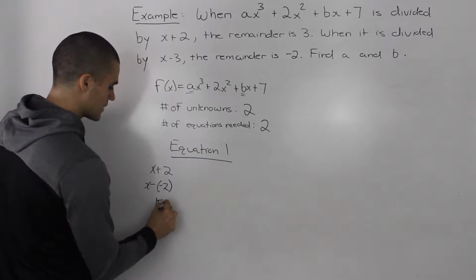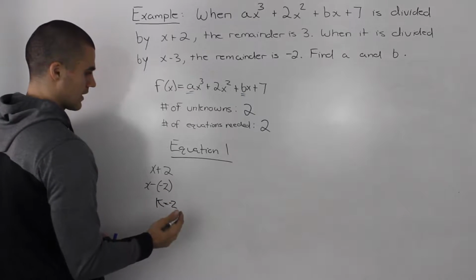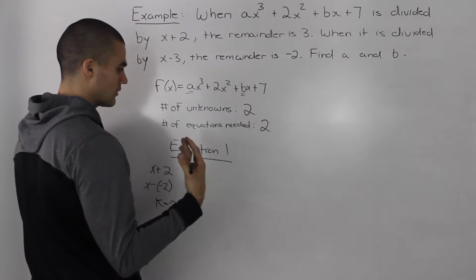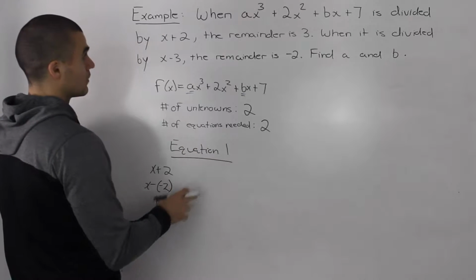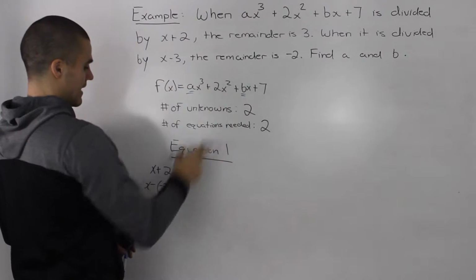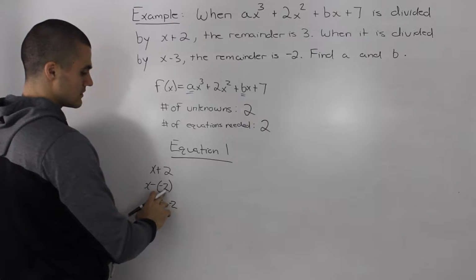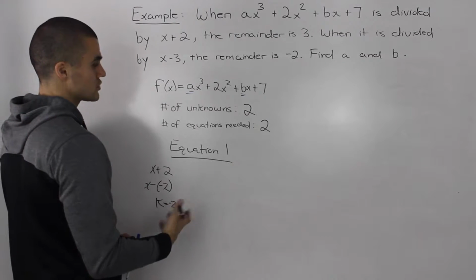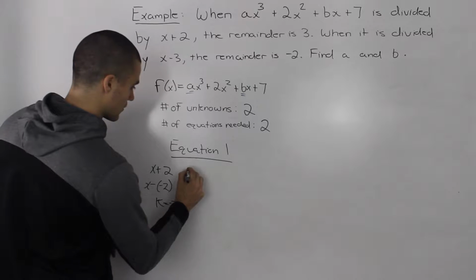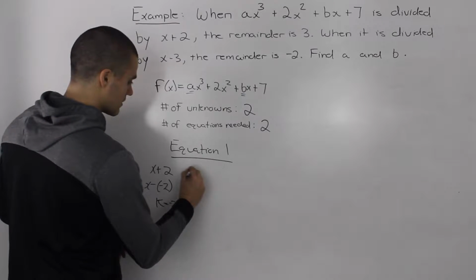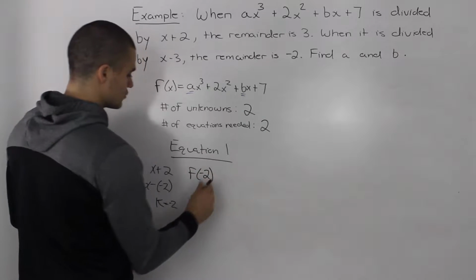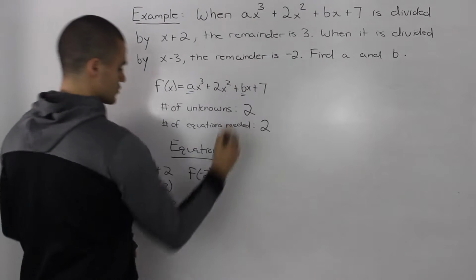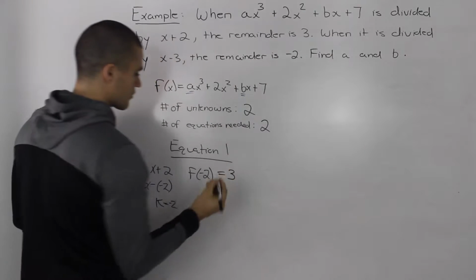So our k value is negative 2. And if you remember, the remainder theorem states that when you're dividing by an x minus k divisor, the remainder is just f of k. So in our case, f of negative 2 is equal to our remainder of 3.